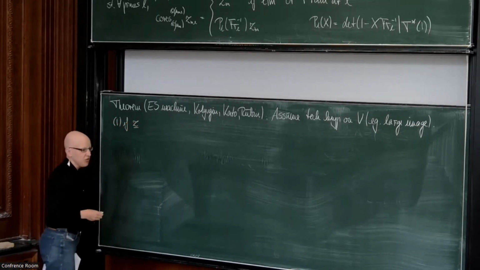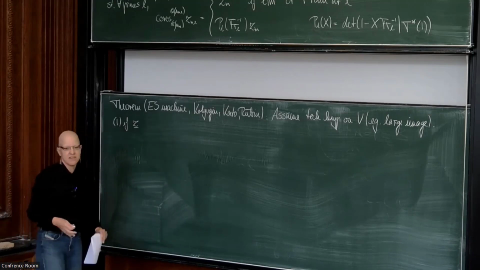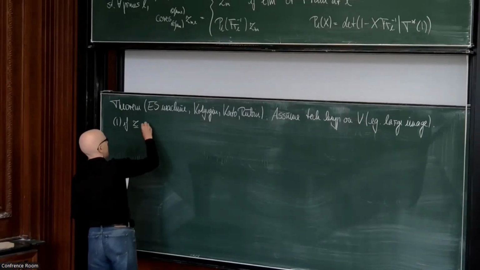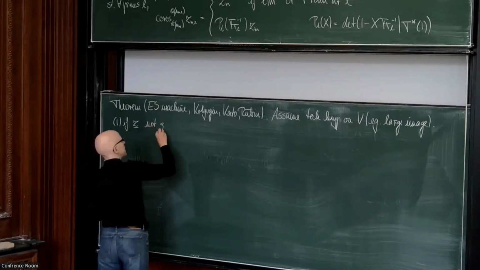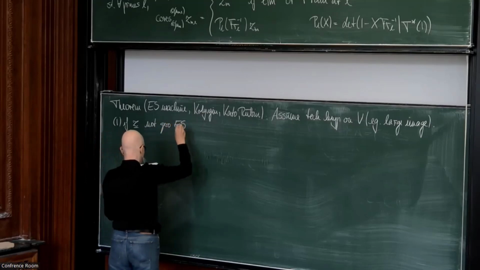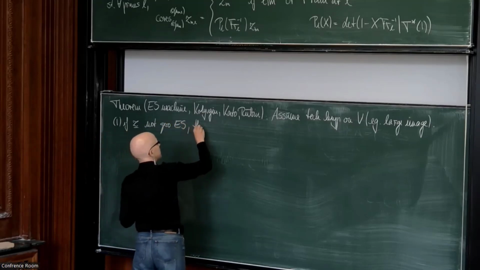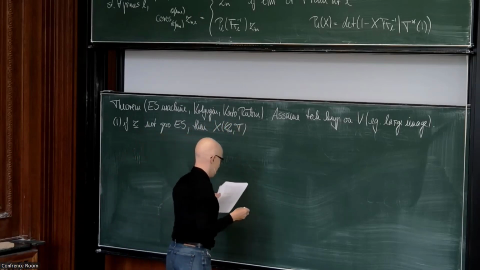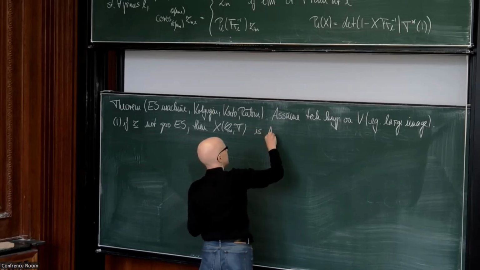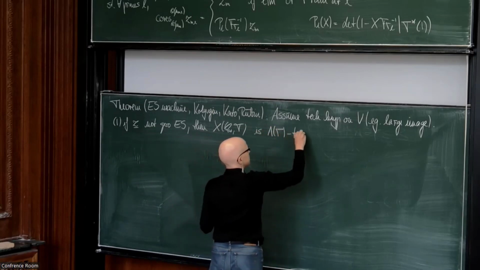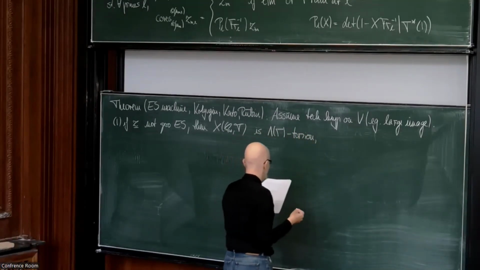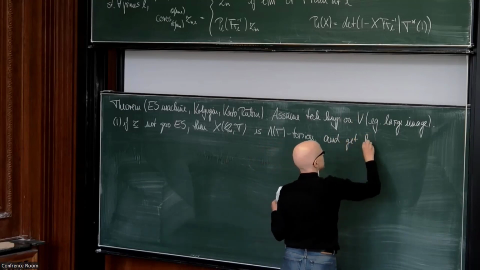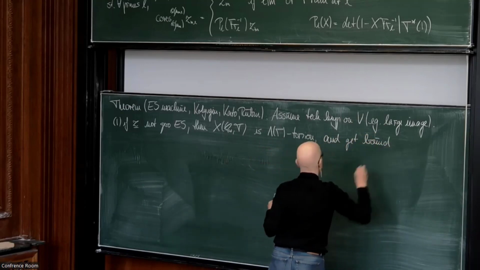if Z is not the zero Euler system, I mean, clearly if all classes are zero, it satisfies the norm relations, but that's not very interesting. So if Z bar is not the zero Euler system, then X_{Q_infinity}(T) is a Lambda-Gamma torsion module, and we get a bound on the size of the characteristic ideal.